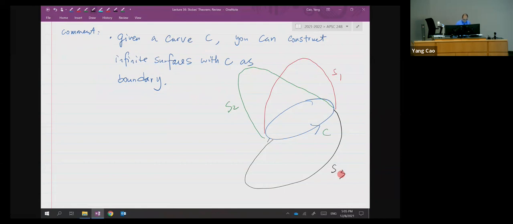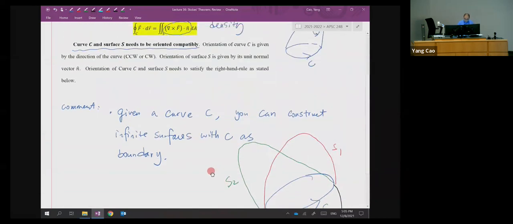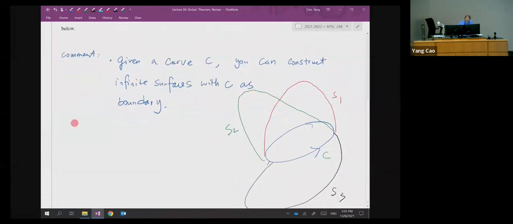But what does that mean? If you go back to Stokes theorem and look at the left and right sides, the left side didn't change at all.